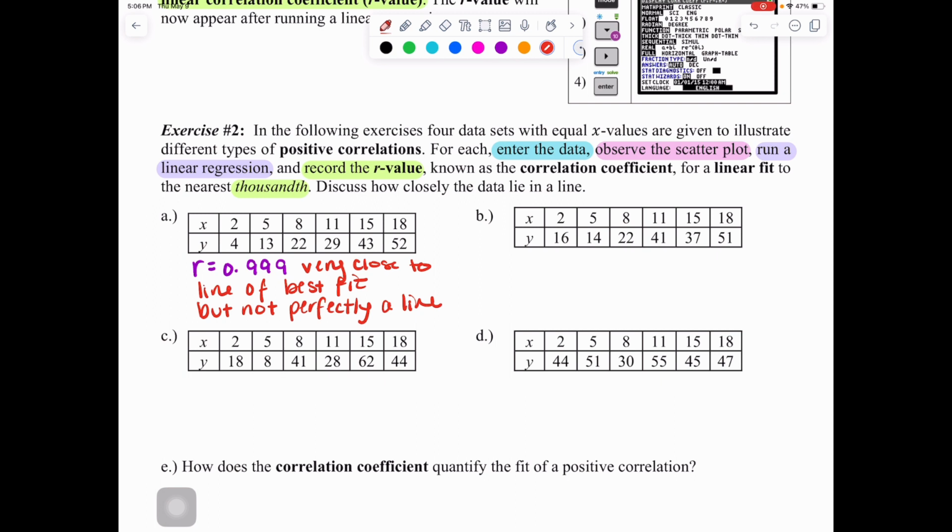So right now, pause the video and do the same exact thing I just walked you through for B, C, and D. So enter the data into L1 and L2, then make the scatter plot, second y equals, turn the stat plot on and zoom 9 to look at the picture. Then run the linear regression by stat calculate, option 4, record that R value, and tell me what you think that discusses about how closely the data lies in a line.